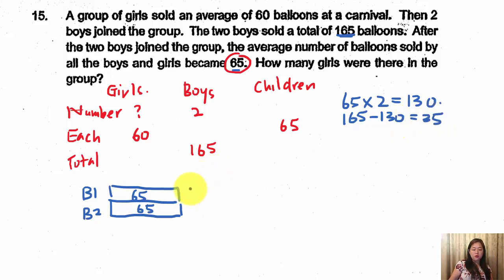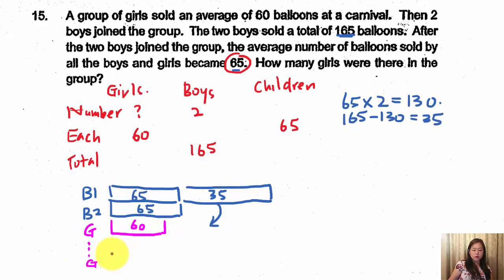So there were this extra 35 balloons that were redistributed to the girls. And at first, each girl sold an average of 60 balloons. But now, because the boys joined in, now the new average has become 65 for each girl as well.